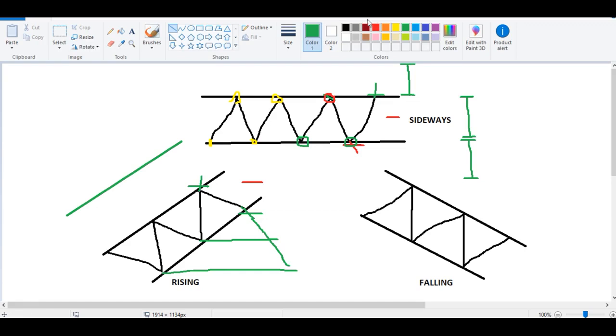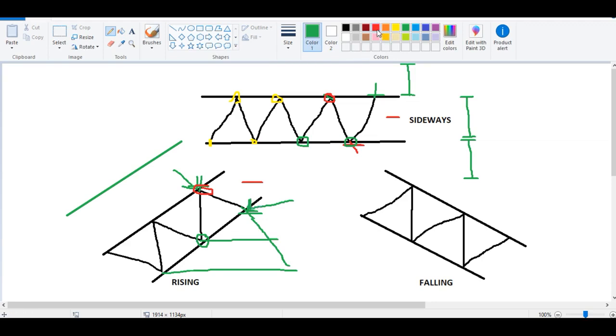Now we can also trade the inner part of the channel where we buy at the support with the upper end of the channel as my target, and we can sell at the resistance with the lower end of the channel as my target.